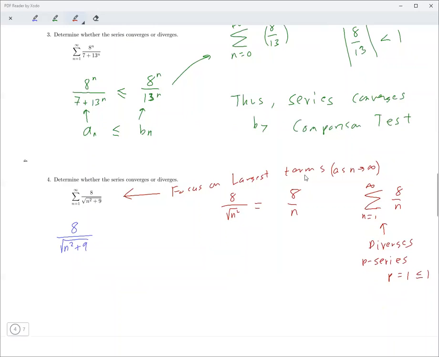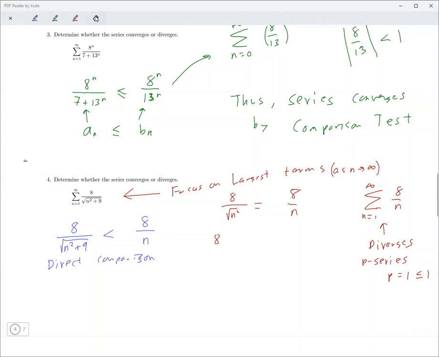Now, unfortunately, if you look at this one, this is actually less than 8 over n. So this is less than a series that diverges. So direct comparison doesn't work. Actually, you could make direct comparison work.